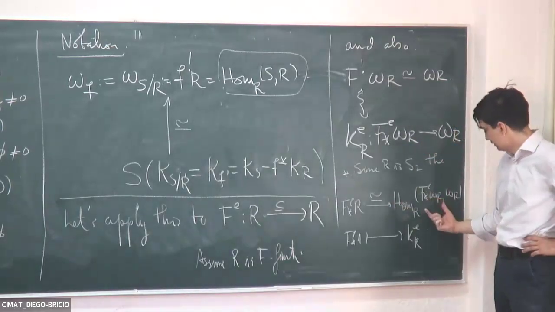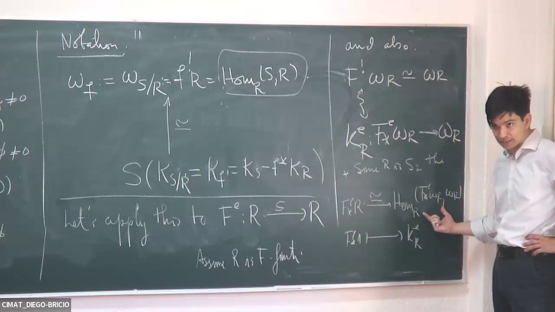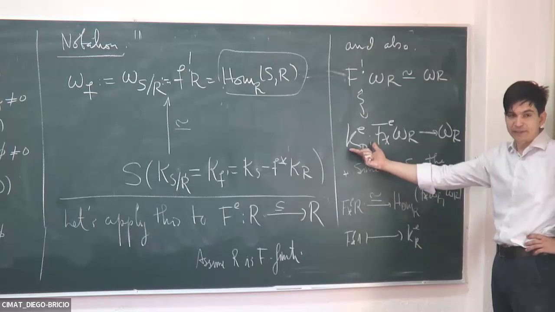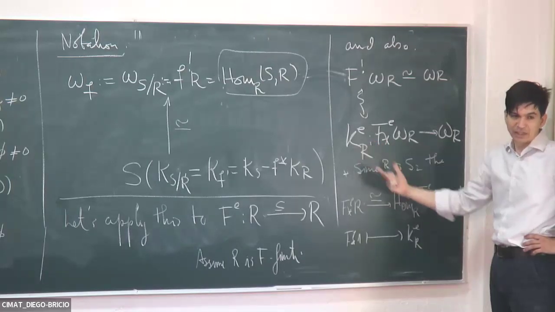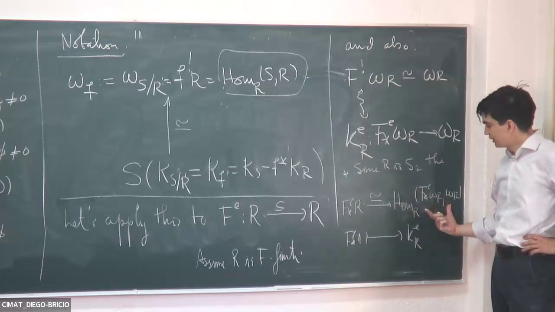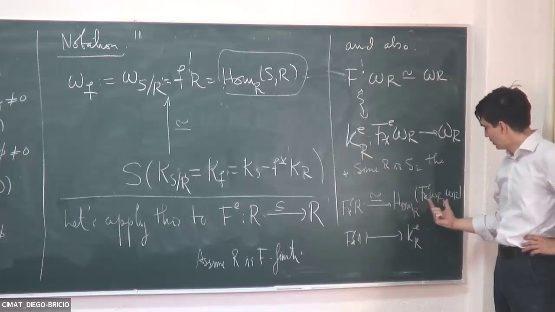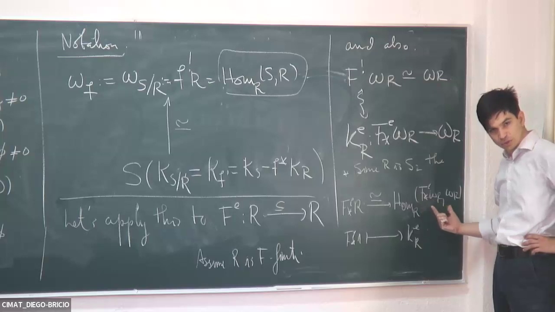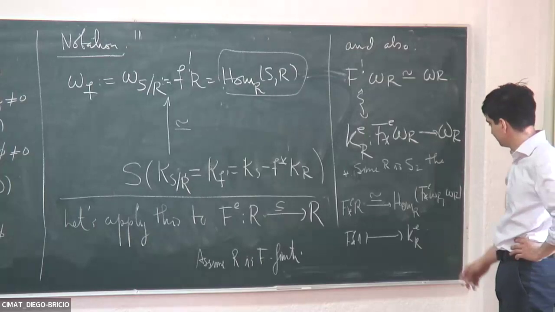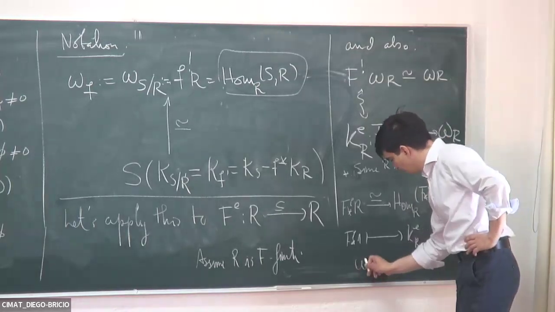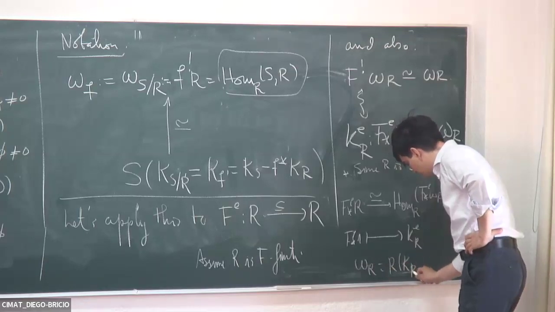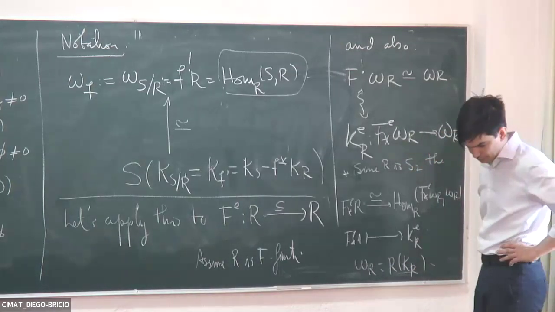This is a property that any abstract trace has. But the Cartier operator is just specifically the trace of Frobenius. So it has to have this property as well. You remember we were saying the other day that the trace knows all Homs between the canonical modules. Okay, so we have this. But of course, we want to write omega R equals R kappa R. So that's what we're going to do.